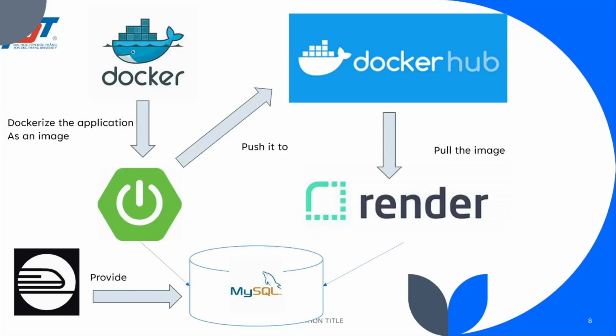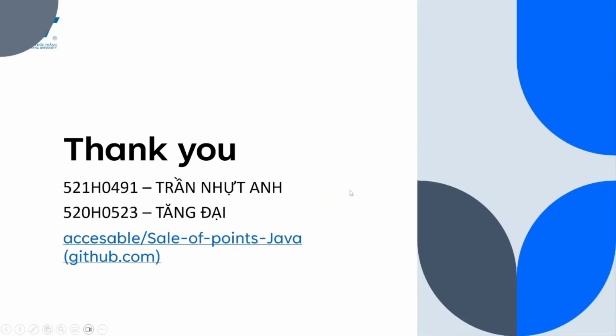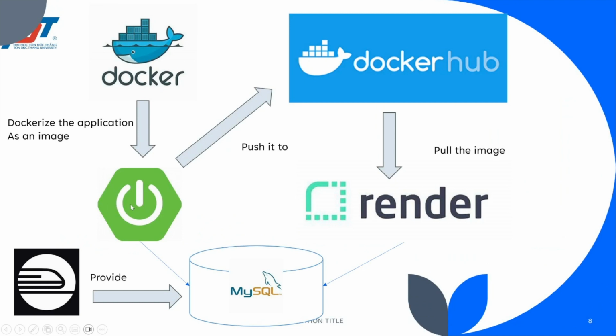So here's how I deployed it. At first I used Docker to Dockerize my Spring application as an image and push it to Docker Hub. And from Docker Hub, I pull it to Render, which is the platform for deploying your web application as an image.